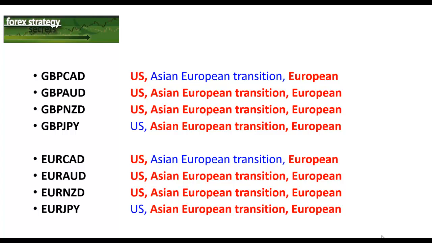The pound CAD and Euro CAD tend to be a little bit more flat during the Asian and European transition, and the pound yen and Euro yen tend to be a little bit slower to get started in the US session, but do pick up about an hour and a half after. We're going to talk about that in a little bit here. But you can trade these pairs any of the sessions that are going on throughout the day.